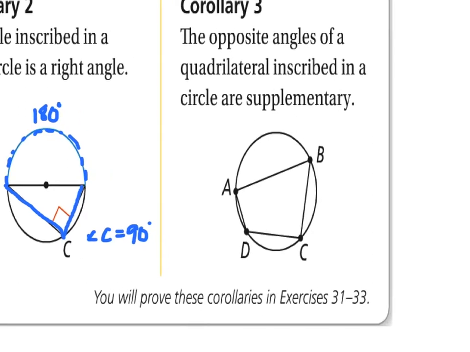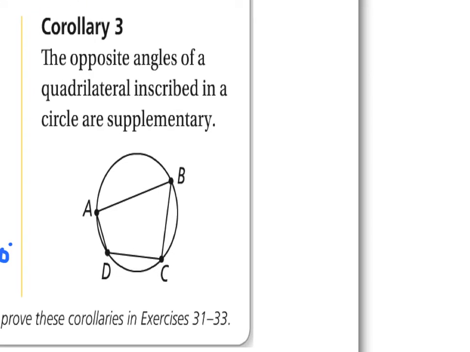And then finally, the third one, the opposite angles of a quadrilateral inscribed in a circle are supplementary. Okay, in this case, angle A and angle C are opposite, and angle B and angle D are opposite.